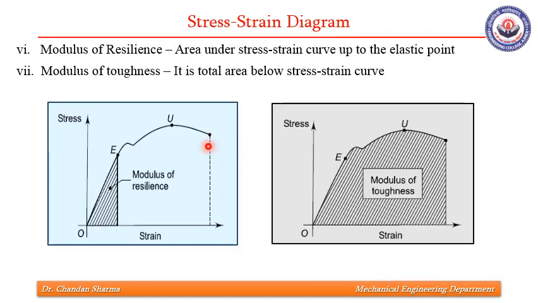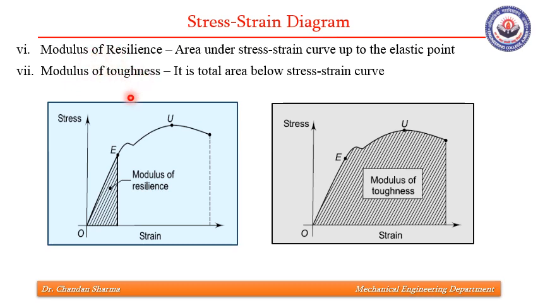Then the area under the curve up to point E and the area under the entire curve give us two more pieces of information. One is modulus of resilience and another is modulus of toughness.